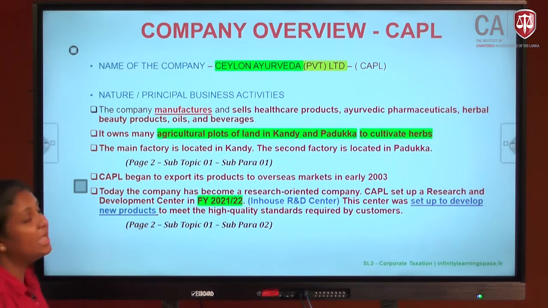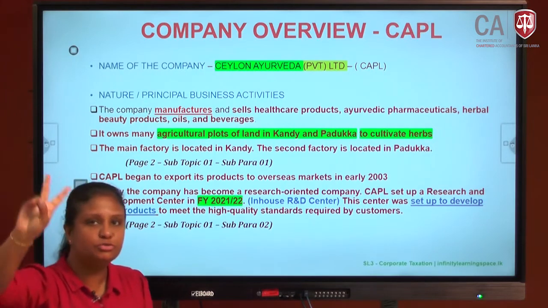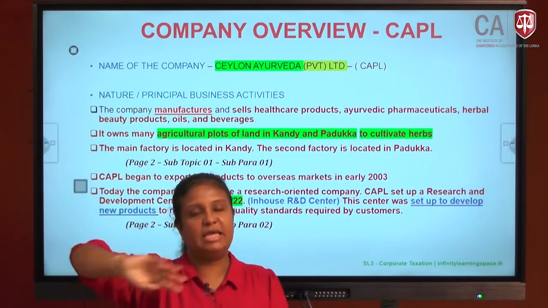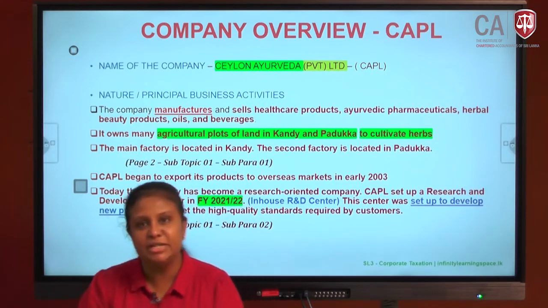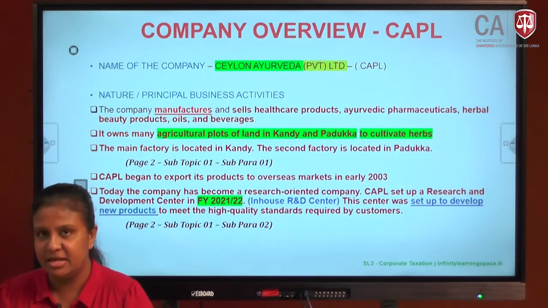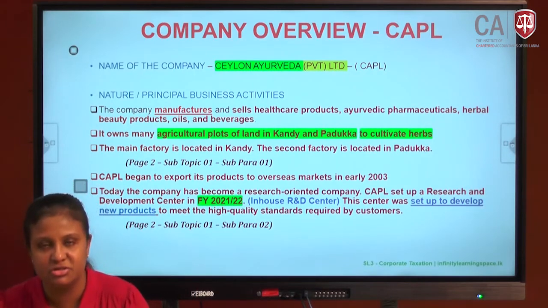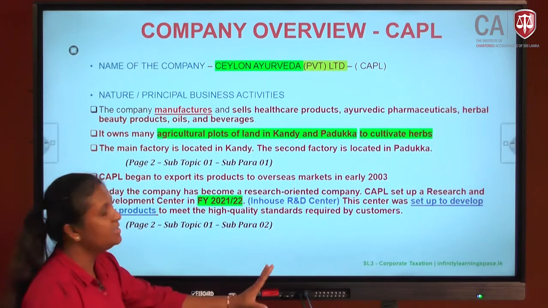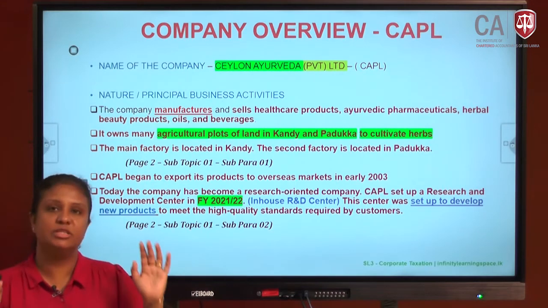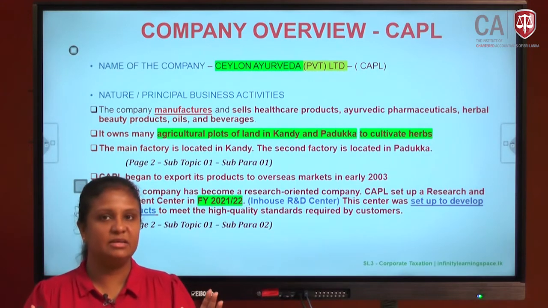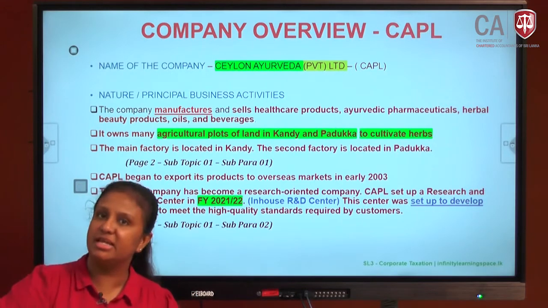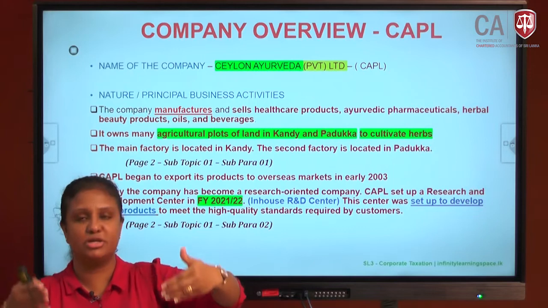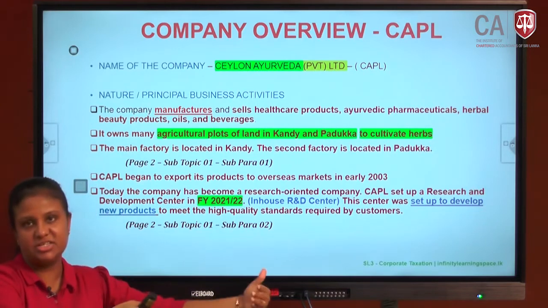This is the principal business activity, and they have two plots of land in Kandy and Padukka. On those two plots there is cultivation of herbs, but according to the pre-seen, the details were not provided on whether they use that agro-farming produce for manufacturing.